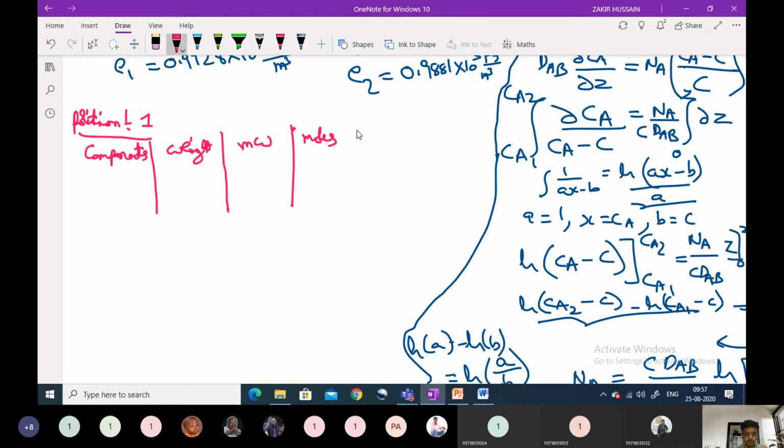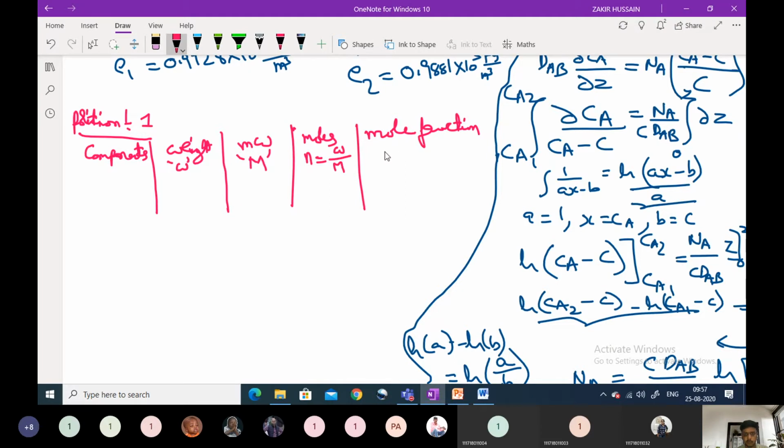Then next we want mole fractions. We can denote weight by W, molecular weight by capital M, then moles is denoted by small n, which is nothing but weight by molecular weight.